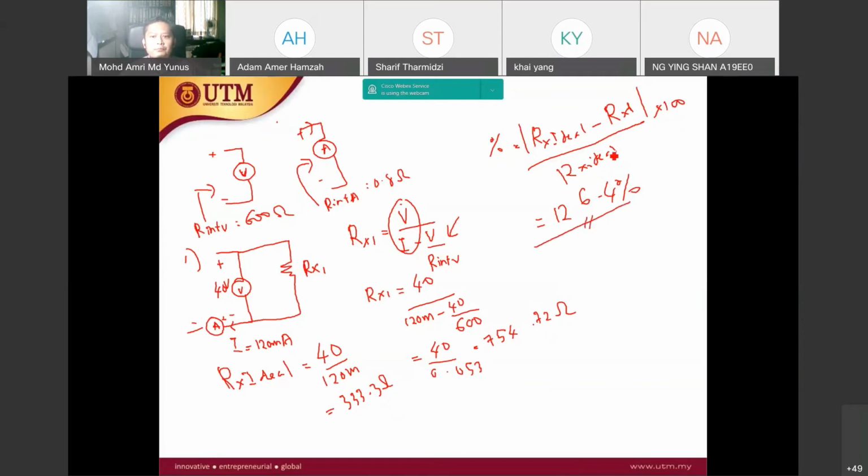Because immediately we can see that in this configuration, the internal resistance of the voltmeter affects the measurement. Okay.